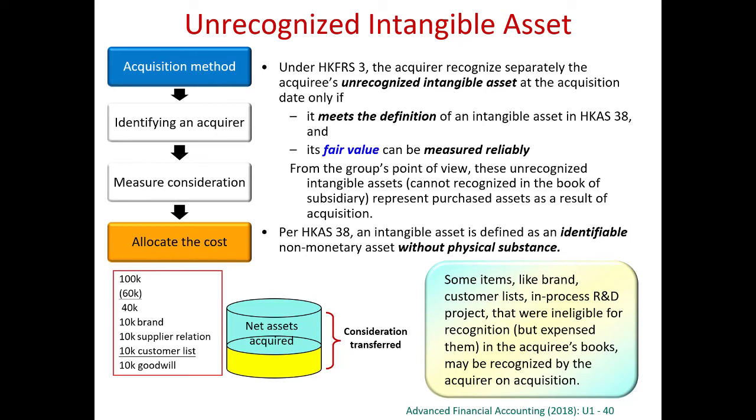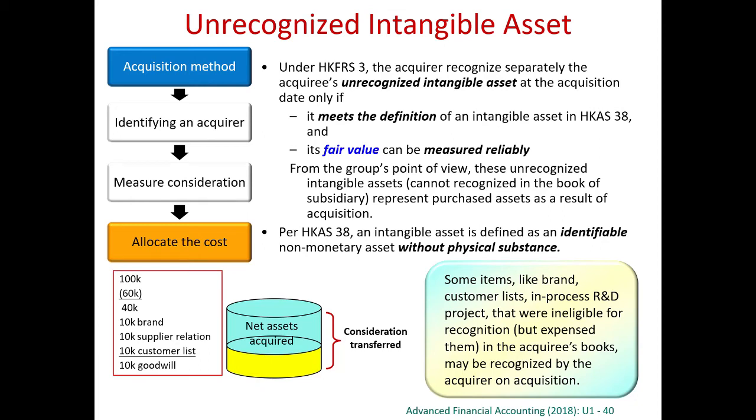Something like you have got the intention to complete, resources to complete, technically it is feasible, and then there's a market so that you can use or sell it, and then finally the fair value or cost can be measured reliably. You must fulfill all these 6 criteria so that you can recognize development costs in your financial statements as an intangible asset. But on business combination, we don't require this. We don't require this at all.